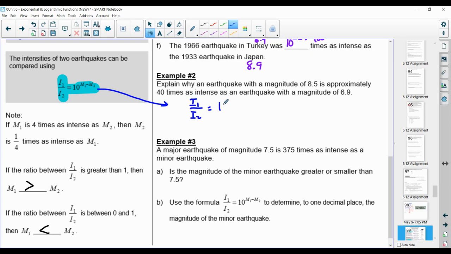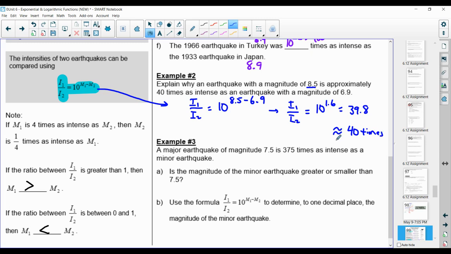And we're told that the magnitude of the first earthquake is 8.5, so 8.5 minus 6.9. So I1 over I2 equals 10 to the 1.6. And if we put 10 to the 1.6 in our calculators, we get 39.8, which is approximately 40 times as intense.